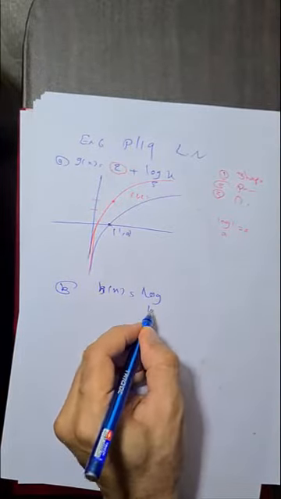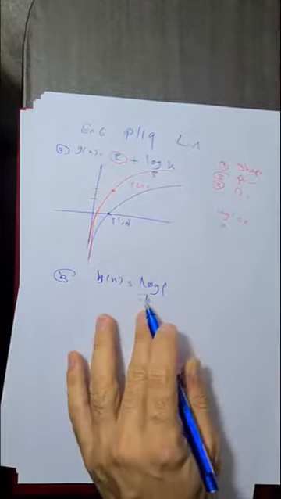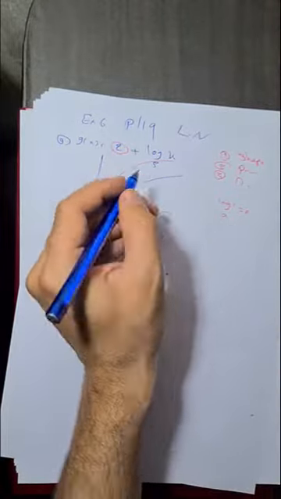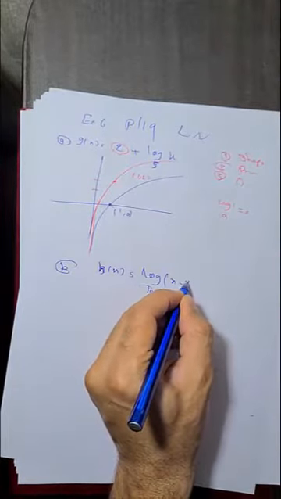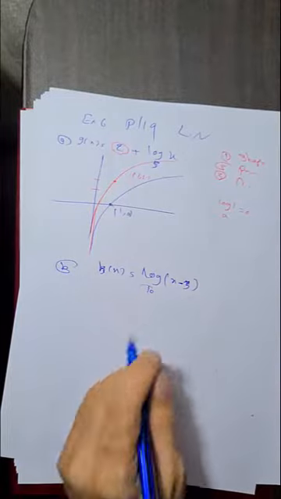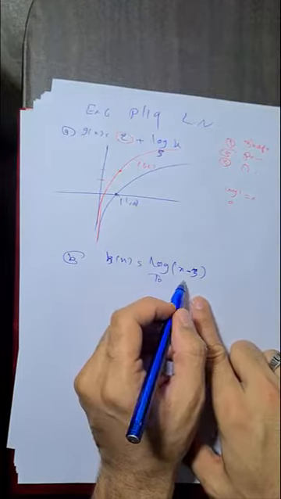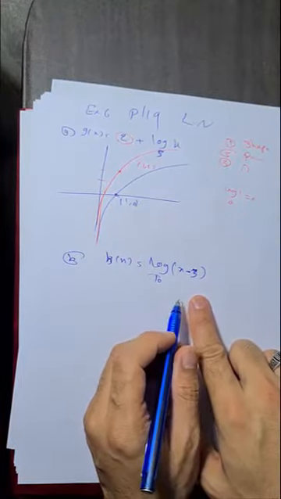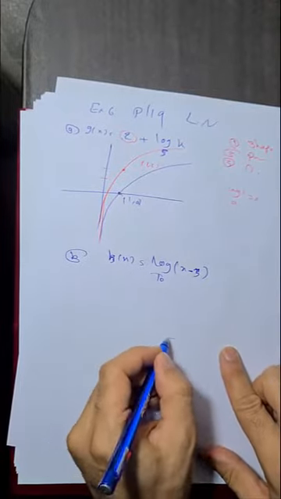And part B, say h of x is equal to log of 10 or anything. For me the bases are equal because we don't mention anything about the base, so the base does not affect our graph so much. So if I have h of x equal to log of (x minus 3) with base 10, in that case, careful.